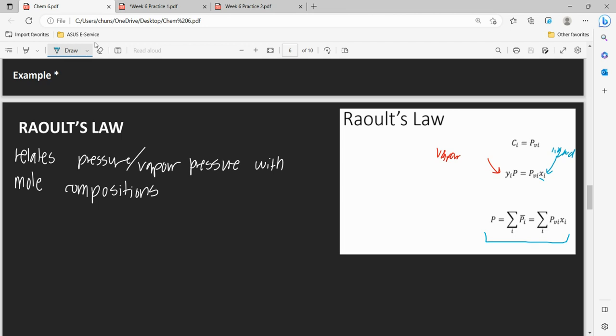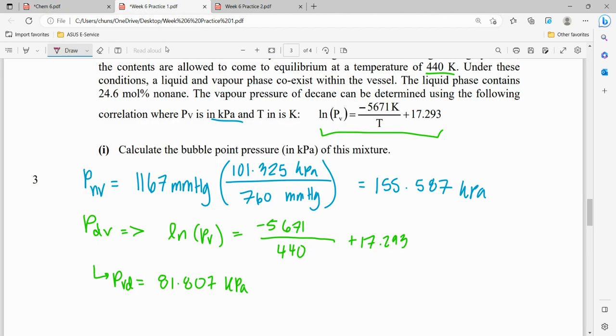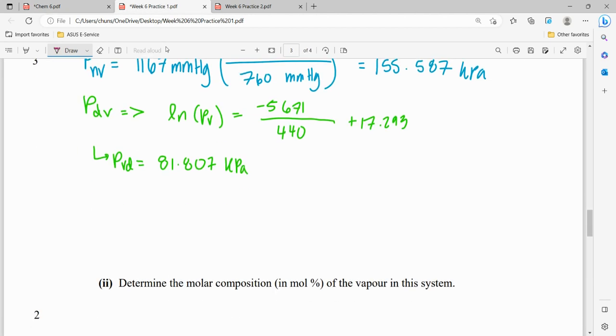Here we are going to use Raoult's law, and we're specifically going to be using this form right here. This is going to find our bubble point pressure. So the pressure is equal to the sum of each vapor pressure times its composition. We're given our composition, so we can solve for this.